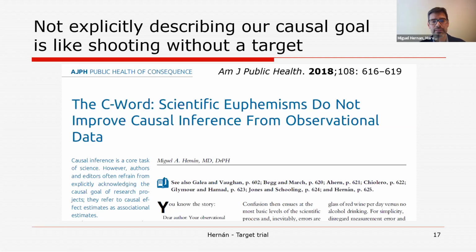We see a lot of studies that are about associations, as opposed to saying, look, the goal of this observational study is to estimate this causal effect, which we are doing through this association, but because we want to estimate this particular causal effect, this is how we are doing the analysis. In the absence of being explicit about what the causal target is, a lot of the methods that are published in observational studies are very hard to evaluate.